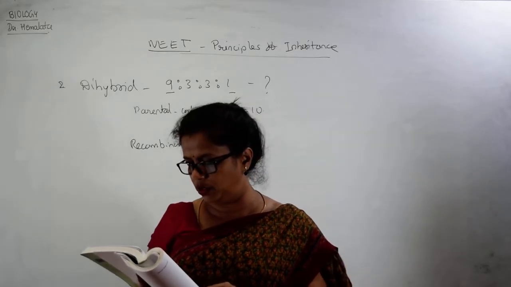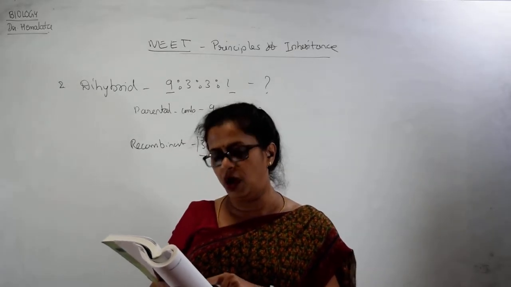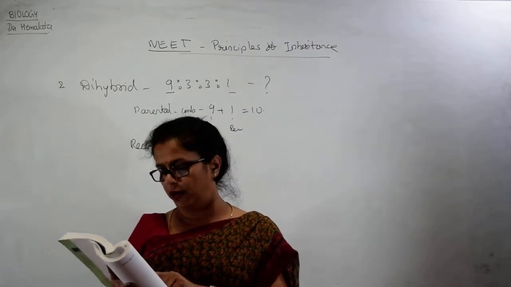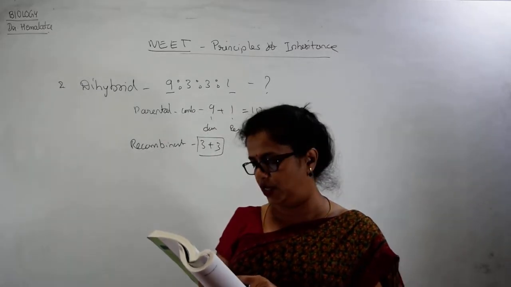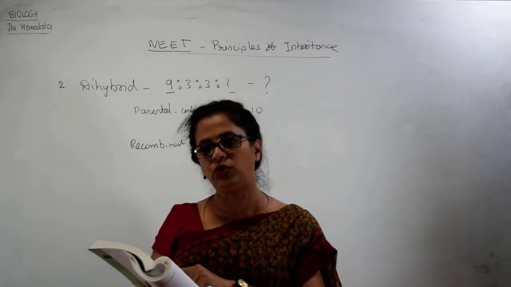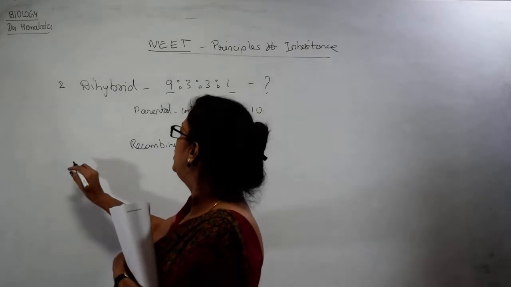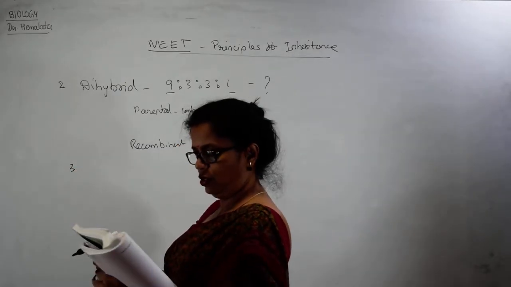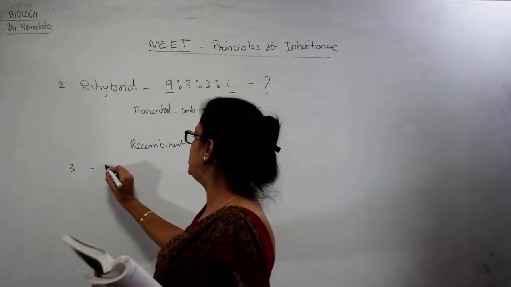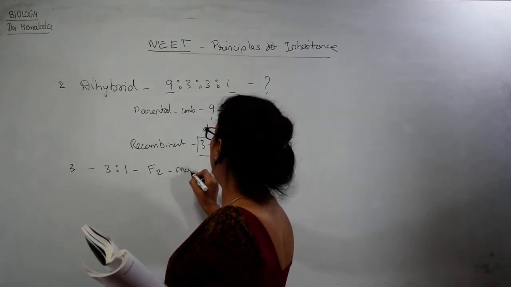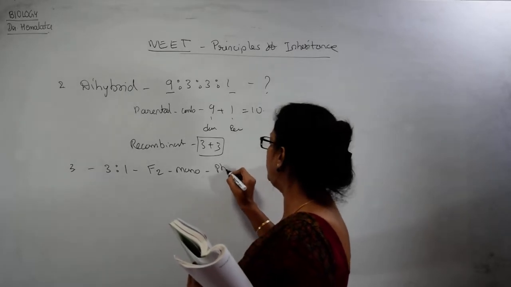So the phenotypic ratio in F2 will not be 3:1. 3:1 is complete dominance. You will get 1:2:1, which indicates it's an incomplete dominance. 1:1 is a test cross ratio. 2:1 is never obtained. All the ratios you have to remember here. First ratio, 3:1, is the F2 monohybrid phenotypic ratio.